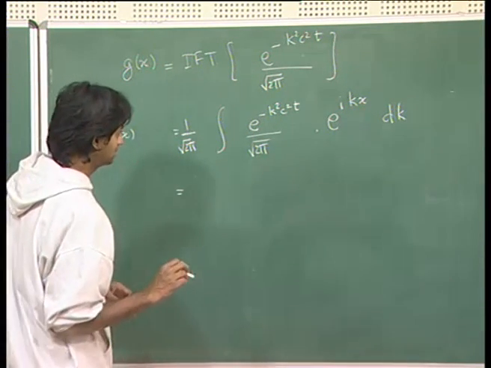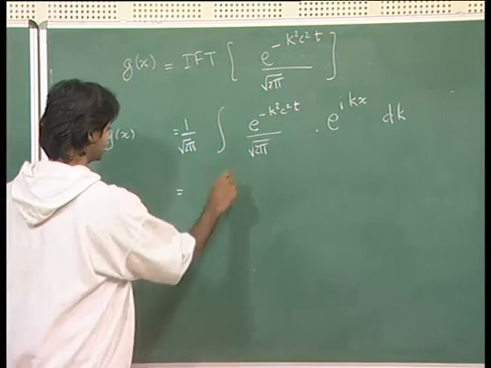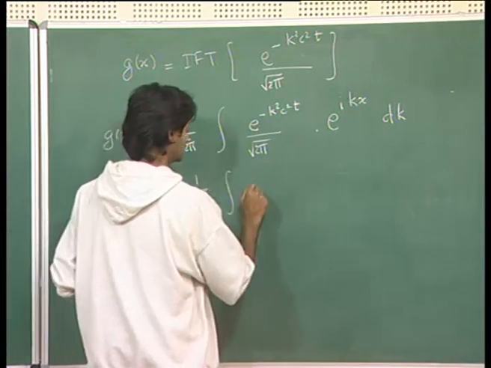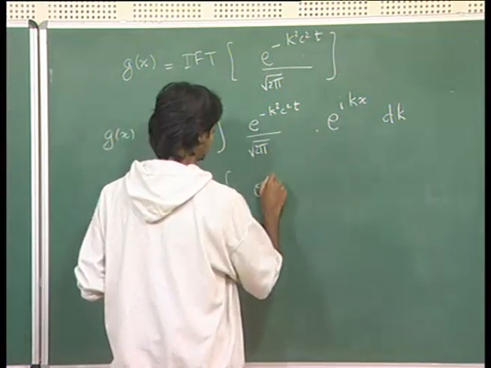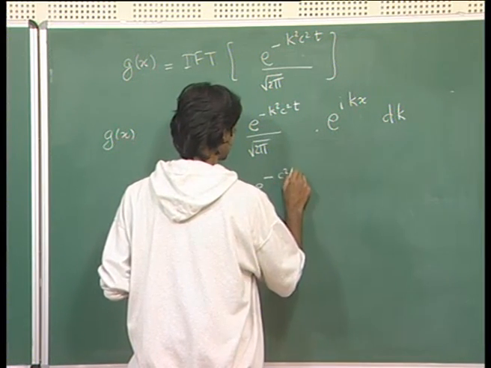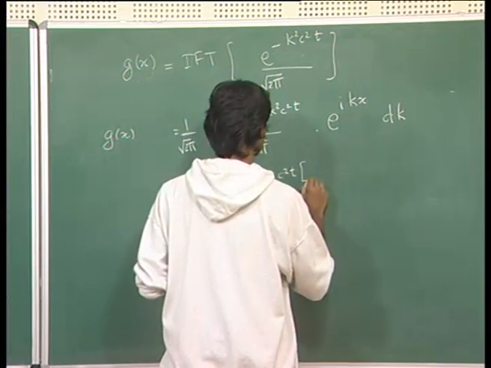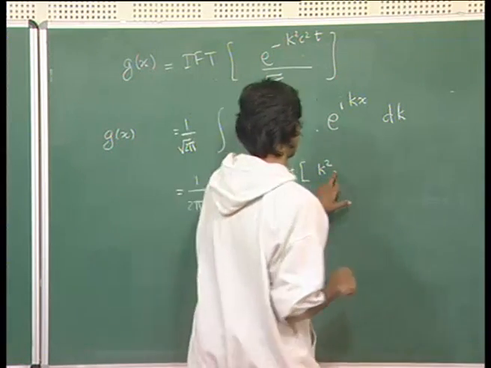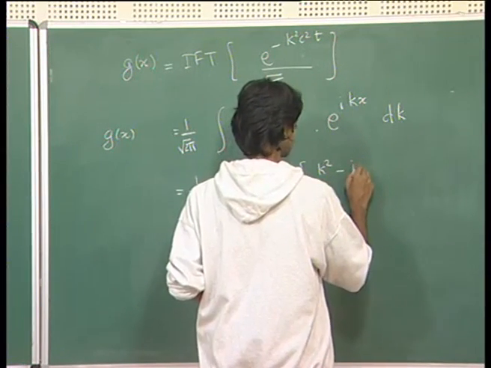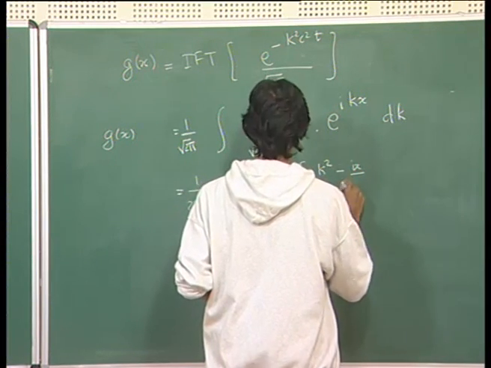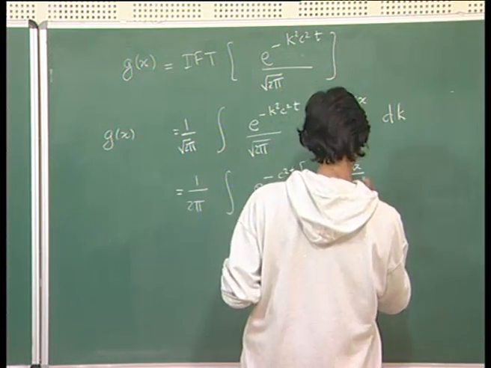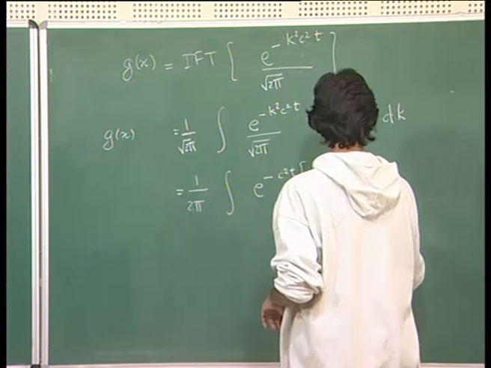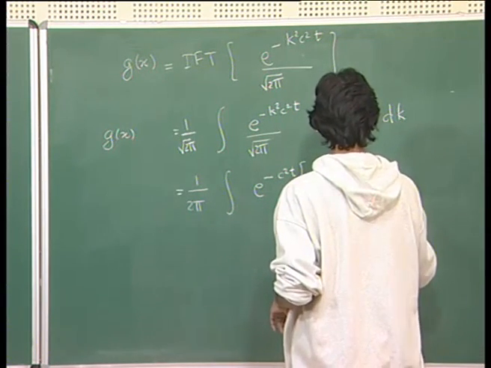Before I calculate that, I'll just mention how you do it. So, you have 1 over 2 pi times the integral of e to the, I'll write this in the following form, minus c square t k square, and then minus i x by c square t into k.